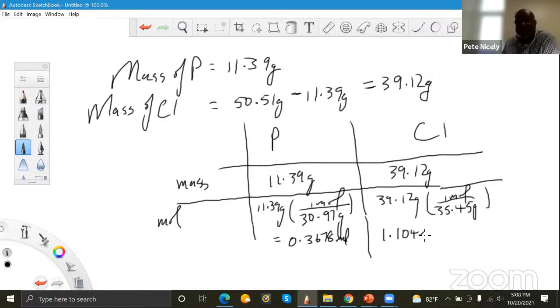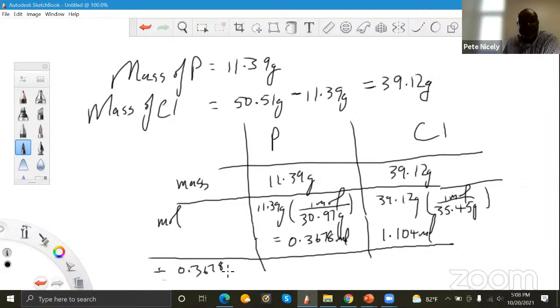And then the next row is where we divide by the lower of these two, which in this case would be the 0.3678 moles. That will give you 1 here, and 1.104 moles divided by 0.3678 moles. Work that out.